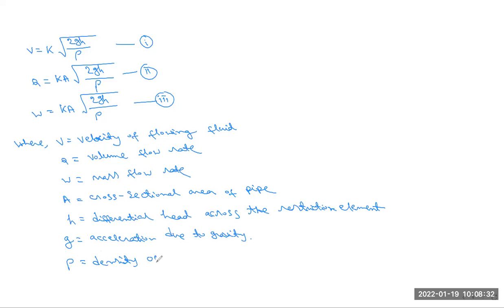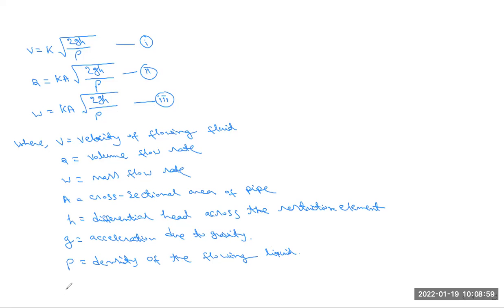That means you have to use different liquids, different flow parameters. Sometimes it is water, sometimes another acidic material. So the density also changes for different liquids. We have to represent that as rho.